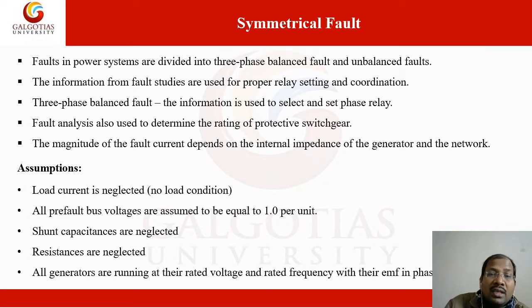We can set their ratings. The magnitude of the fault current depends on the internal impedance of the networks as well as generators. So how much current? The fault voltage divided by the impedance, and the impedance is related to the generator and networks.